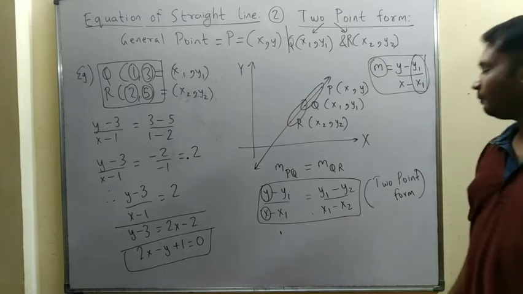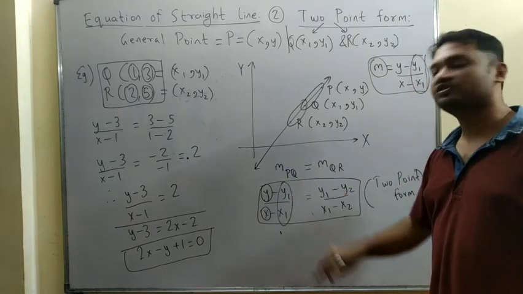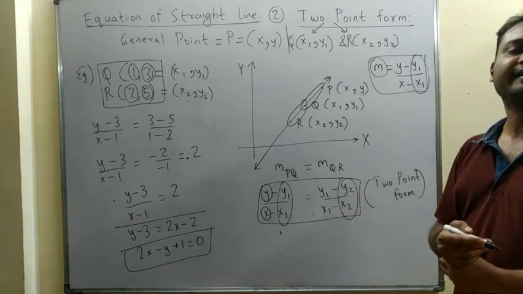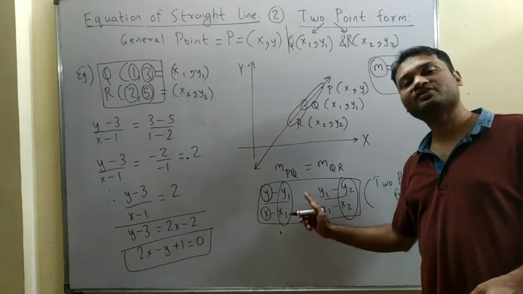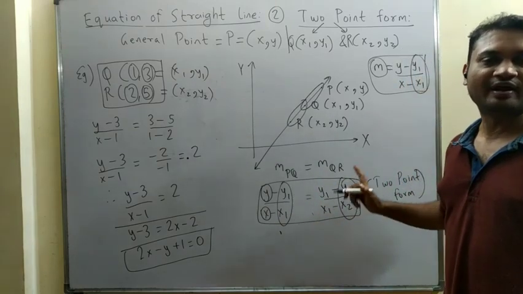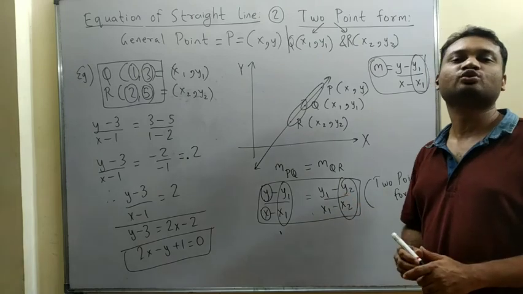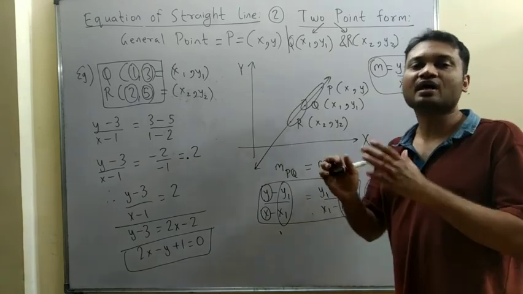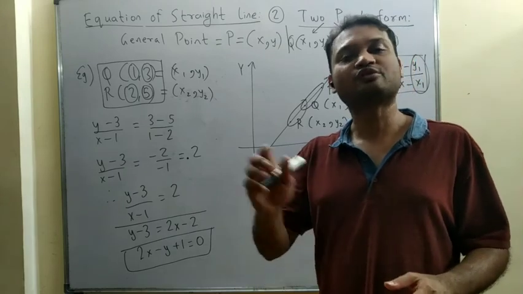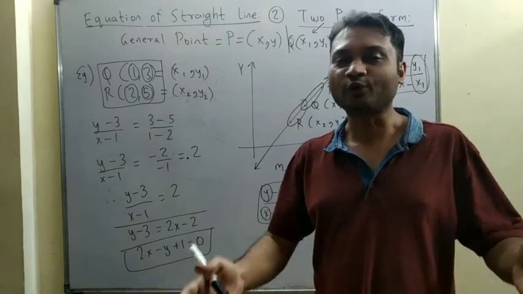Here we are given two points, x1, y1, which is one fixed point, and x2, y2, which is another fixed point. Its equation is y minus y1 upon x minus x1 is equal to y1 minus y2 upon x1 minus x2. So this is how we use the equation of a straight line in two forms. One is slope point form and the other is two-point form.